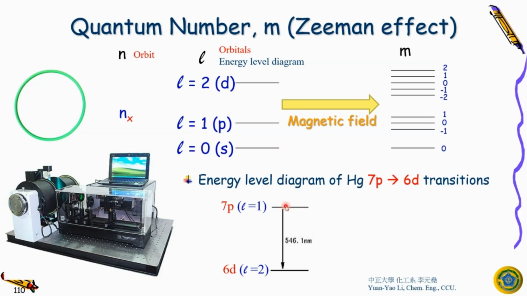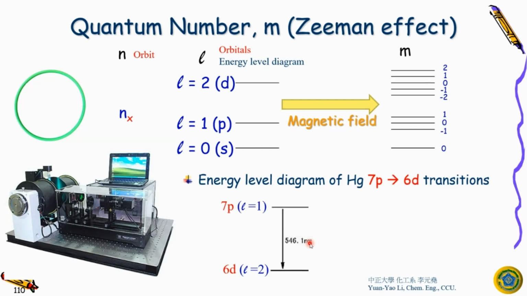So the transition is quite easy from 7p to 6d. And you know this is in nanometers. What does that mean? 546.1 nanometers. It's the energy, right? You can use the Planck-Einstein equation to convert the wavelength to the energy.